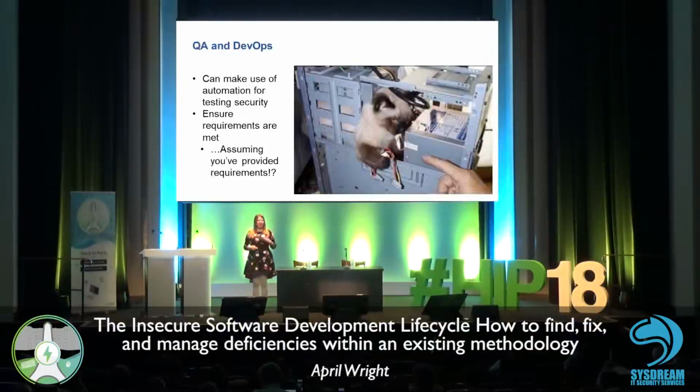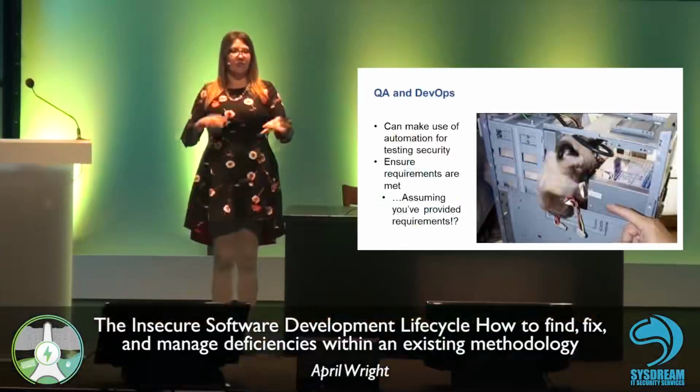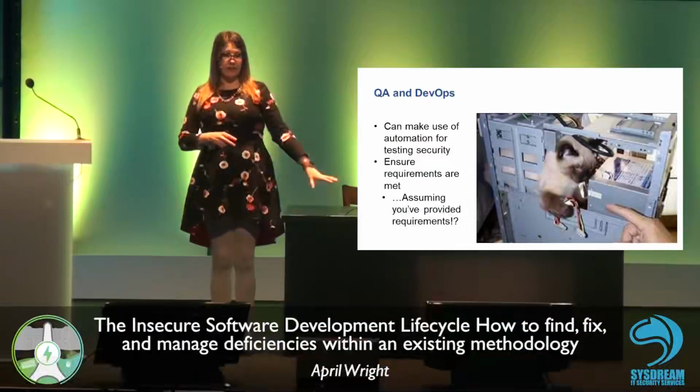So QA and DevOps, this is the culmination of software before it gets pushed out into the world. They use a lot of automation, hopefully. That's the DevOps argument or the DevSecOps argument, trying to use as much automation as possible to make software releases repeatable and quick and easy. They ensure that the requirements that were set at the beginning were met.